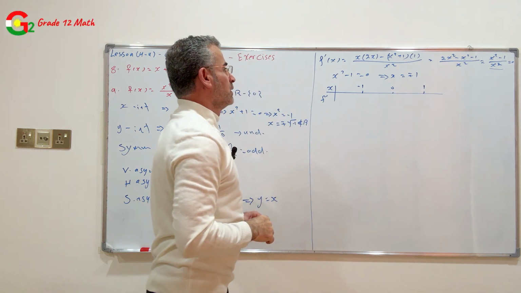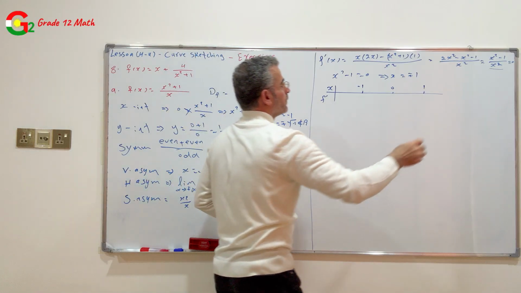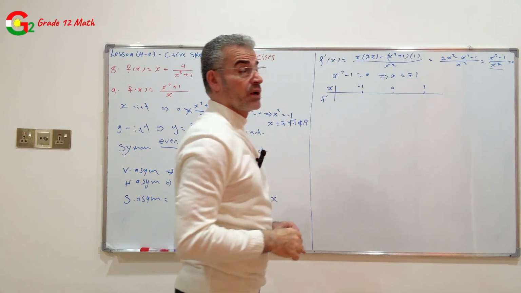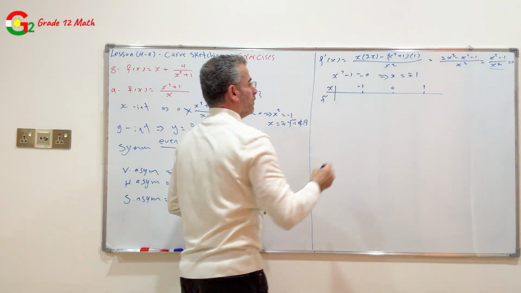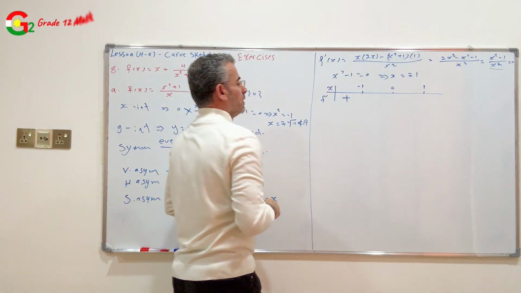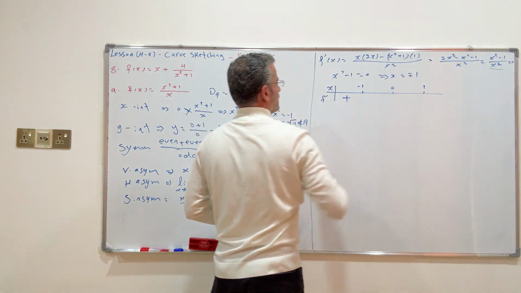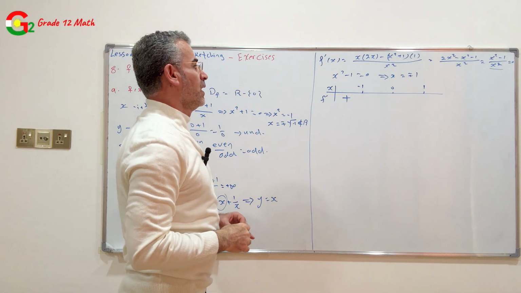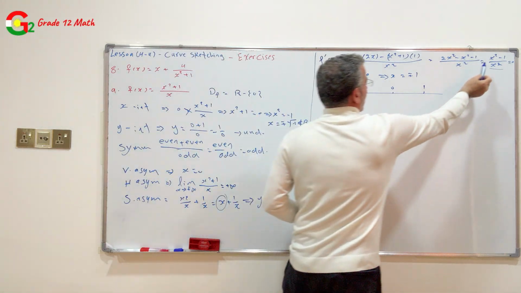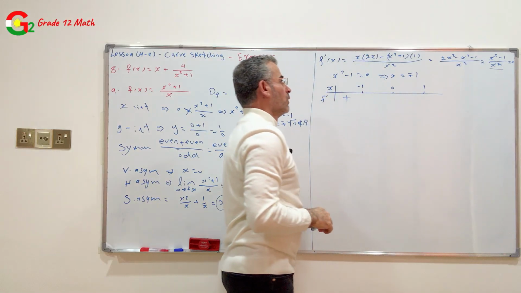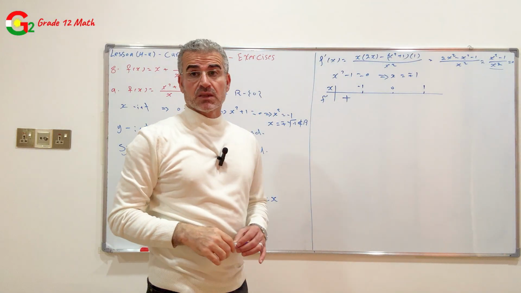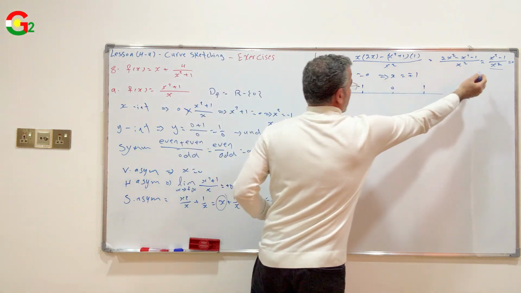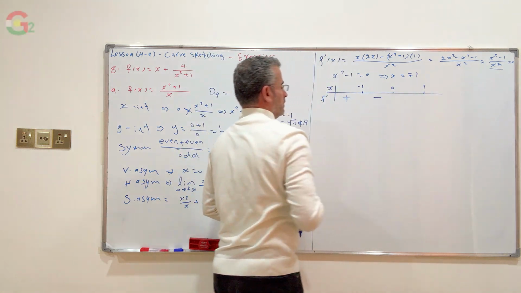Before negative 1, take negative 2, negative 2 squared, 4 minus 1, 3 over 4, positive value. Between negative 1 and 0, take negative 1 half, negative 1 half squared, 1 over 4 minus 1, negative value, negative over positive value, negative value.